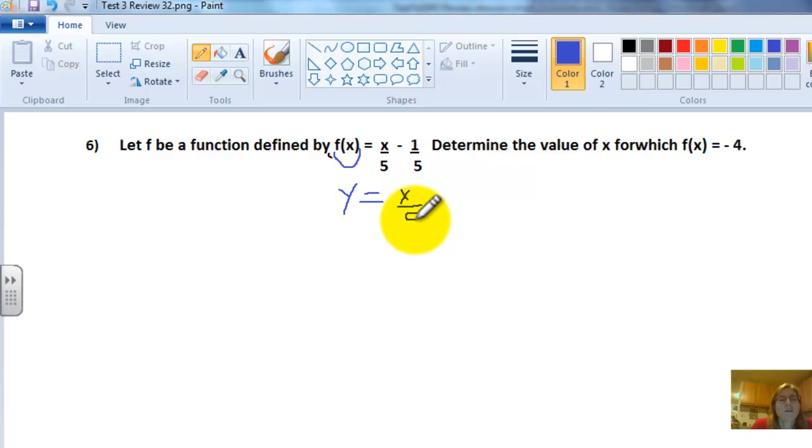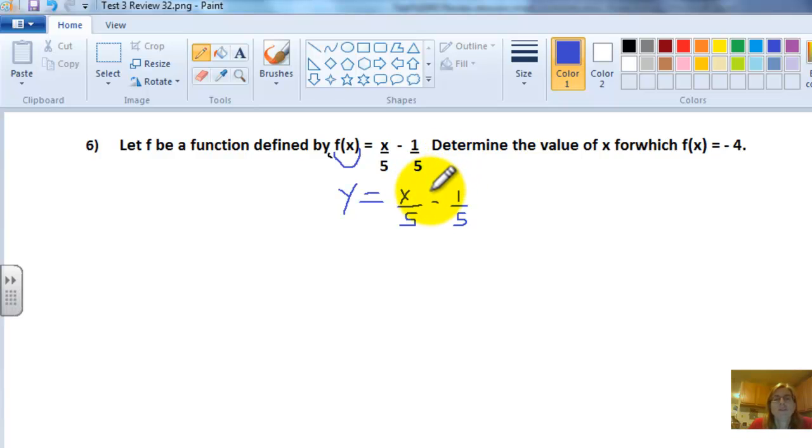In this case, you could look at this as y equals x over 5 minus 1/5. It's weird in two ways, because you have f of x, and you have an x in a fraction, and that's a little harder to rearrange and solve for that x, or to plug in values and then solve.